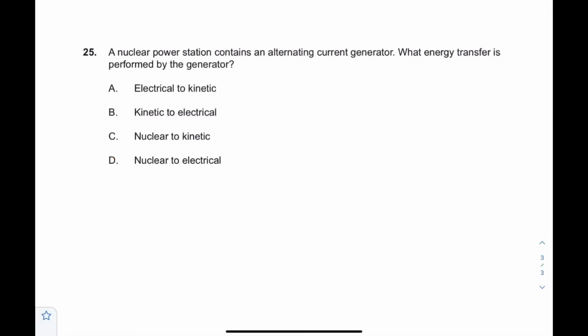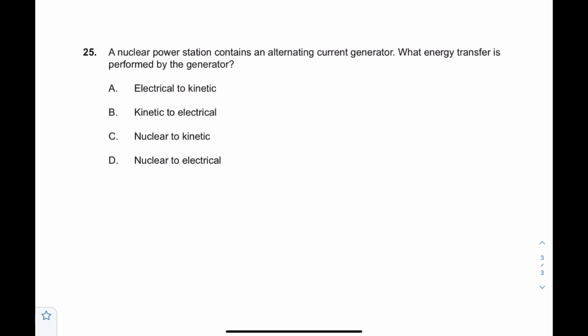Proceeding on to question number 25: a nuclear power station contains an alternating current generator. What is the energy transfer performed by the generator? It's a tricky question. In this question, you have to keep in mind that a generator can be used anywhere. It can be used in a nuclear power facility, and it can be used for household purposes also.